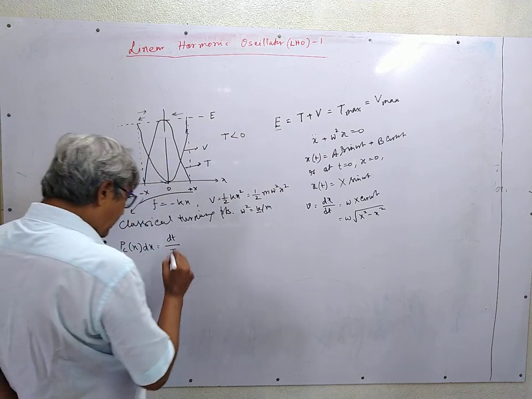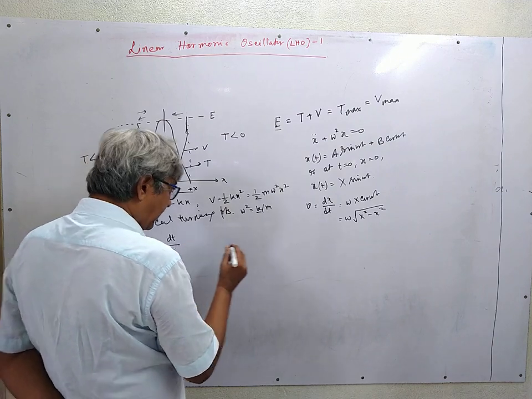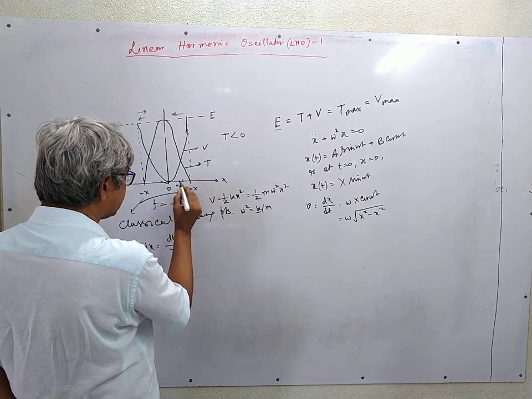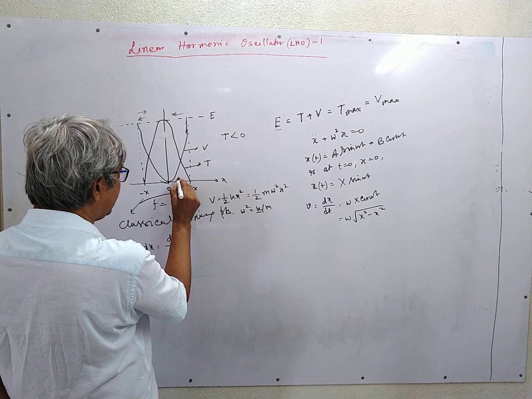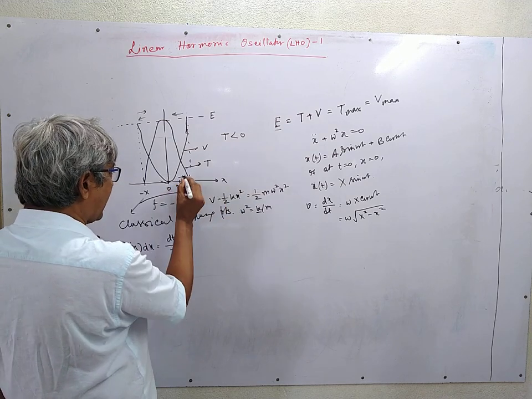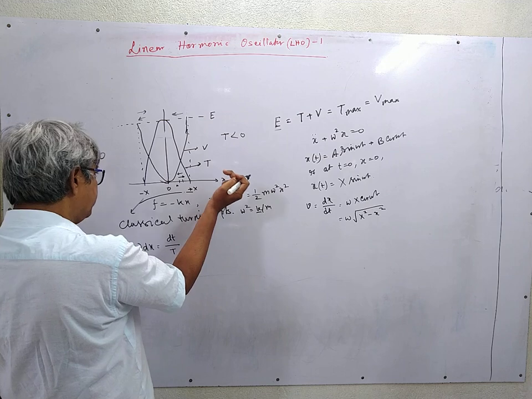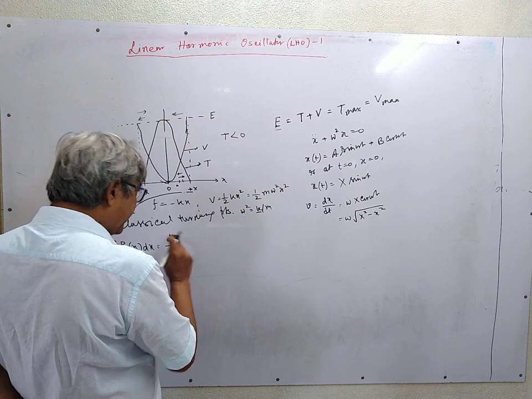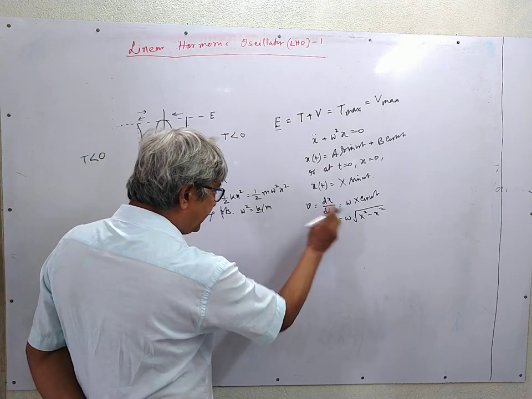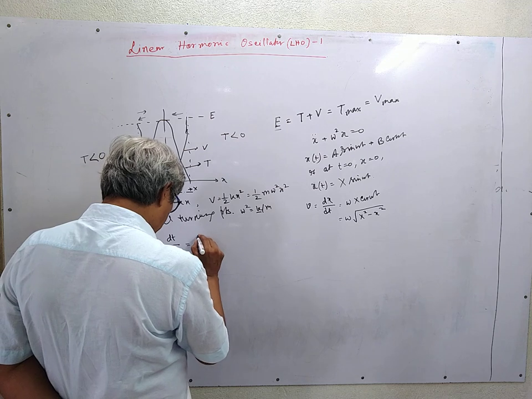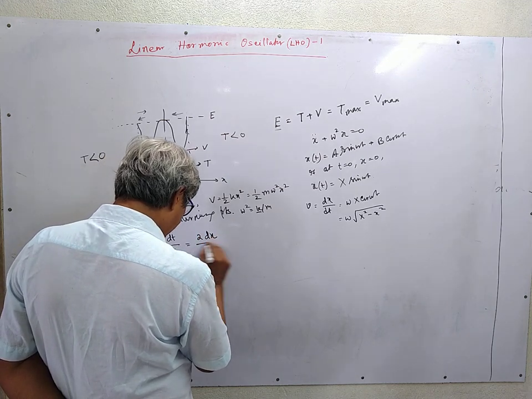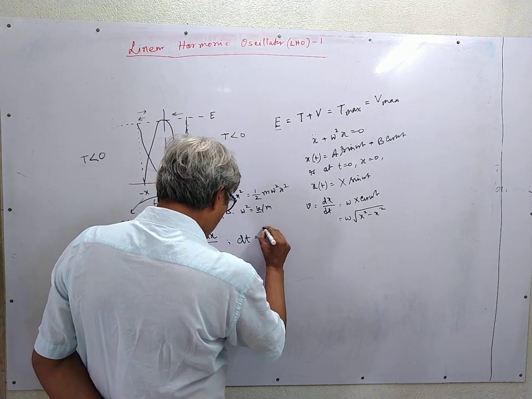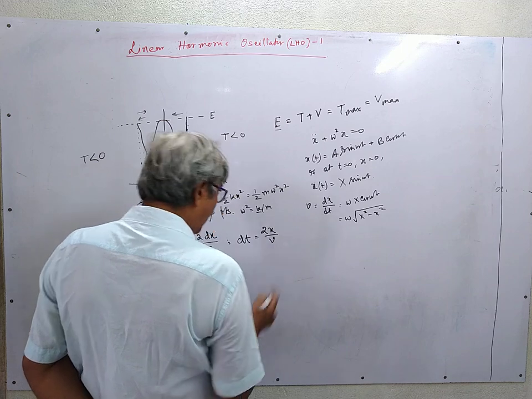So if we consider the motion, this is x and this is the width dx, then the particle spends a time dt when it moves towards the right, and spends an equal time dt when it moves towards the left. So we write dt as twice dx by v.